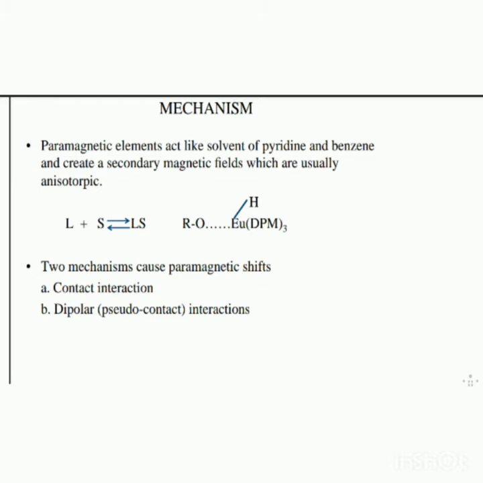Two mechanisms cause paramagnetic shift. The first one is contact interaction and the second one is dipolar or pseudo contact interaction.